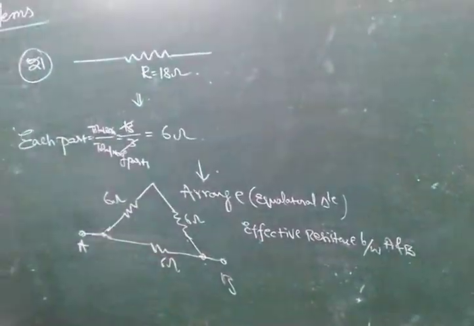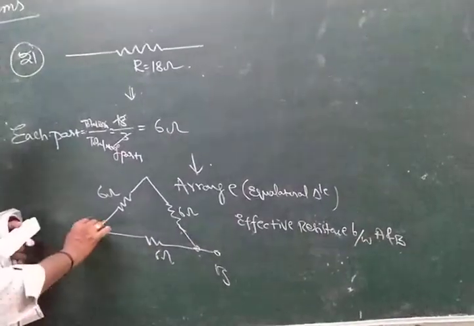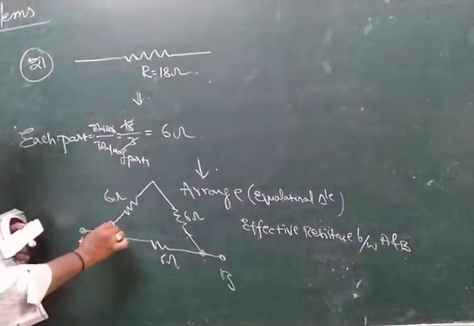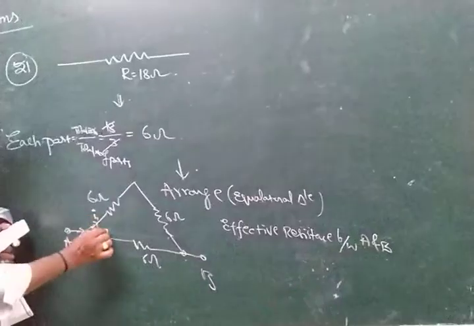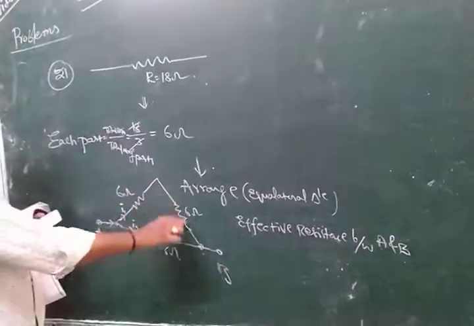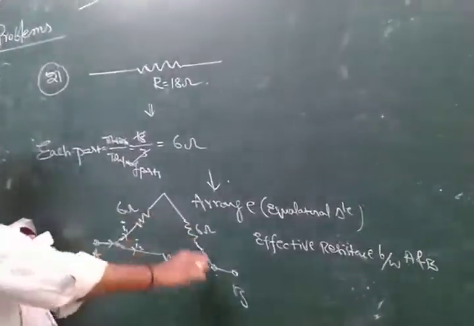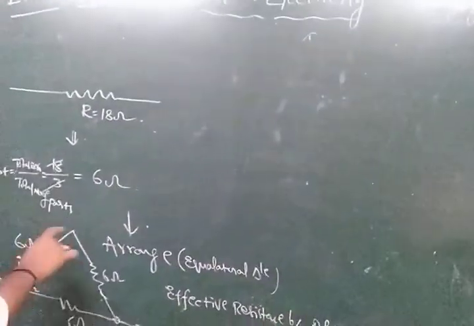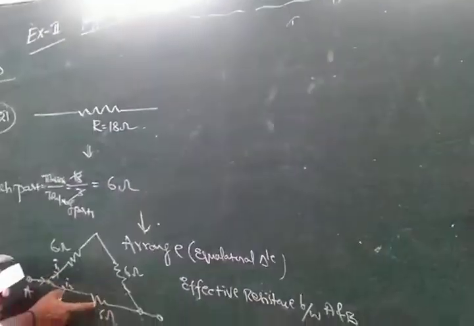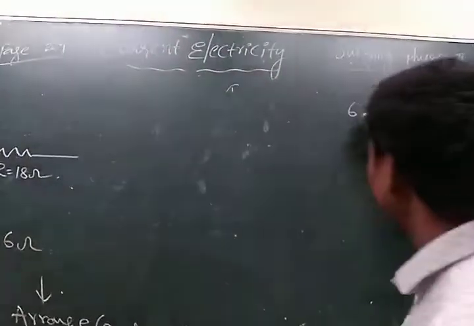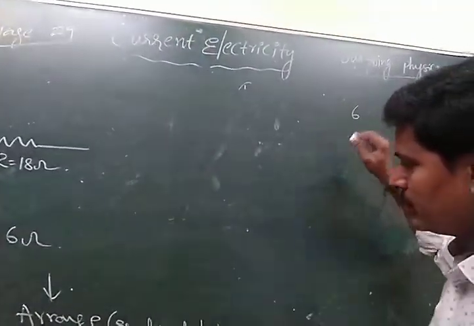So here the current will be divided into 2 parts. That's why these two are in series, since the current flows continuously through them, and this effective value is in parallel with the third.